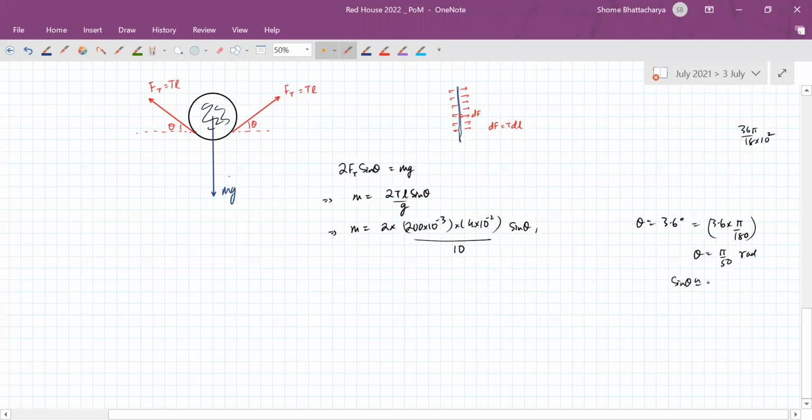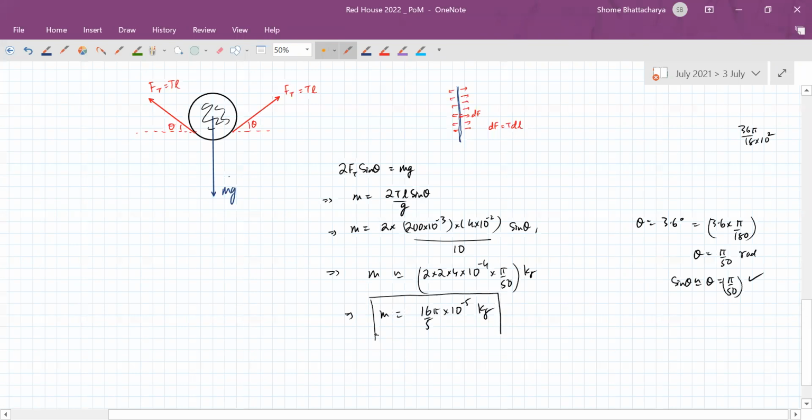So sine theta is approximately theta equal to pi by 50. So in milligrams, it would be something like this.